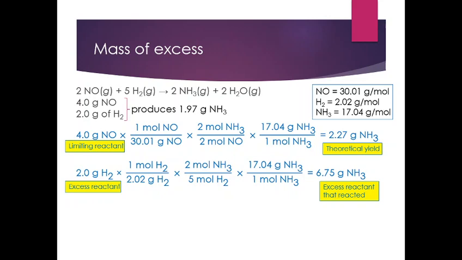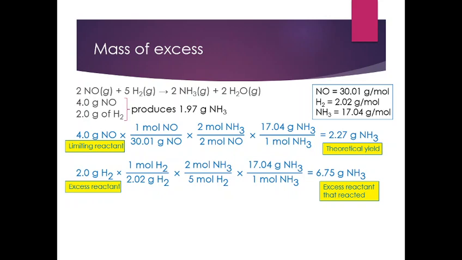In addition to that, once your 2.27 grams of NH3 has been produced, how much of your NO should you have left over? Again, the answer should be none. It's the limiting reactant. It is why they call it the limiting reactant. It's all gone. But if that 2.27 grams of NH3 is created, how many grams of your H2 was going to be used up?